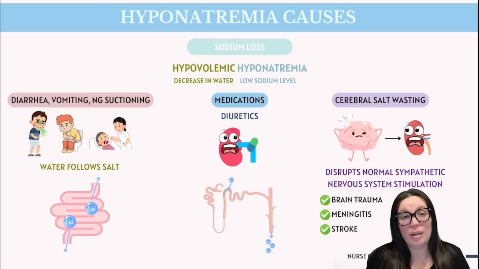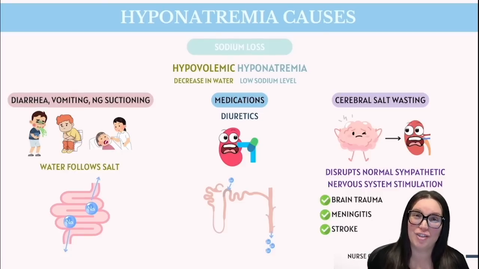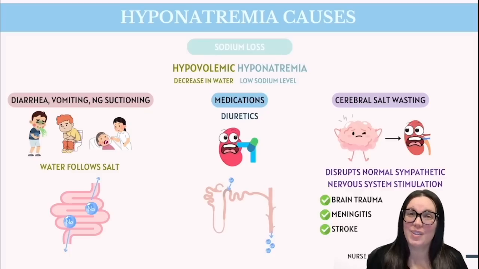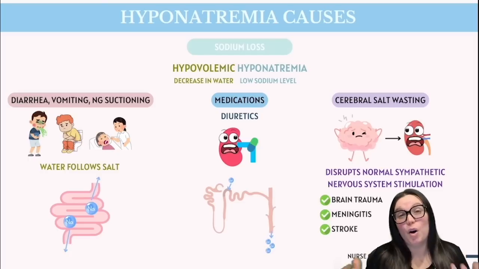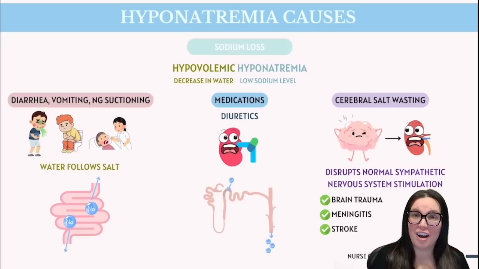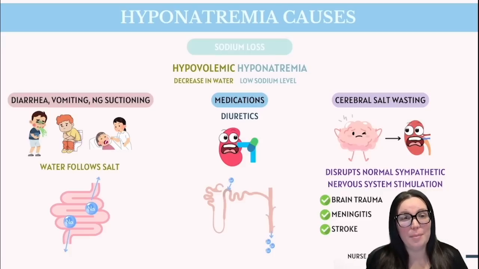This means that sodium is going to get excreted in the urine instead of being recycled back into the bloodstream. Since water tends to follow sodium, this process pulls even more fluid out of our body. Over time, if too much sodium is lost, it can lead to hypovolemic hyponatremia, where there's going to be a drop in both water and sodium, but sodium decreases more significantly, tipping that balance.